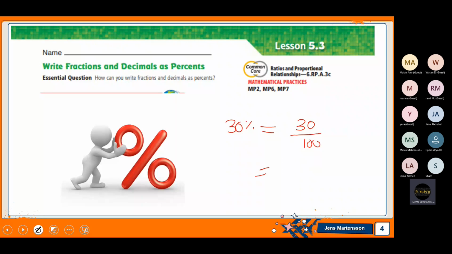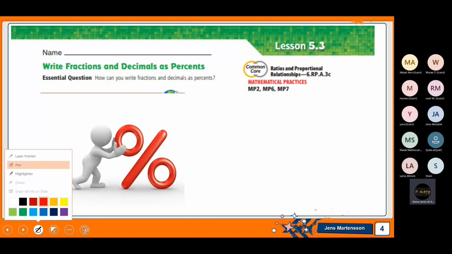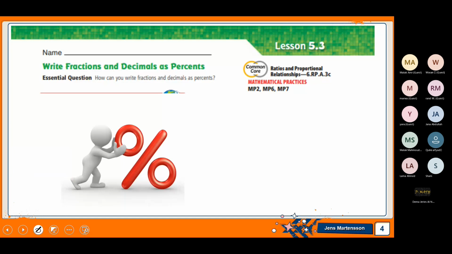And if I want to write it as a decimal, you will put 2 digits, and you will start filling them, and it will be 0.3. So yesterday, we learned how to write a percent as a fraction and as a decimal. Today, we're going to learn how to rewrite a fraction as a percent.